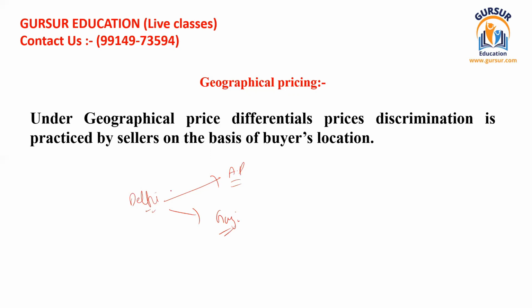If he is charging different prices for customers from Andhra Pradesh and different prices for customers from Gujarat, this is known as a geographical pricing system. And this is further categorized into many categories.